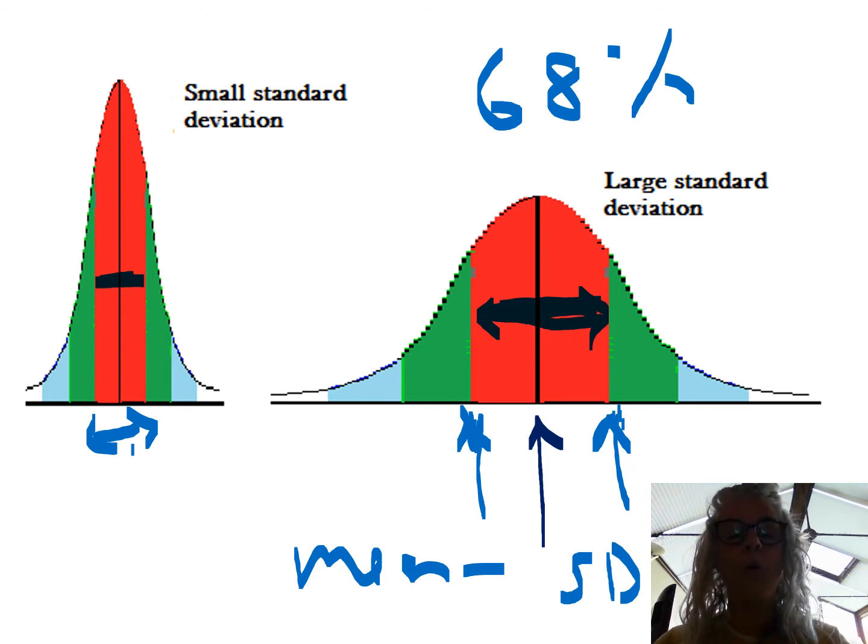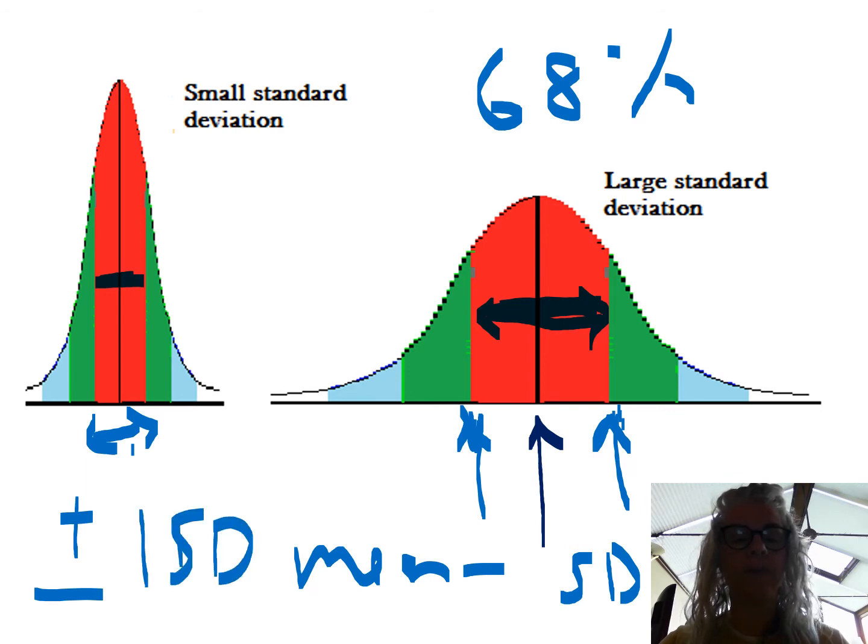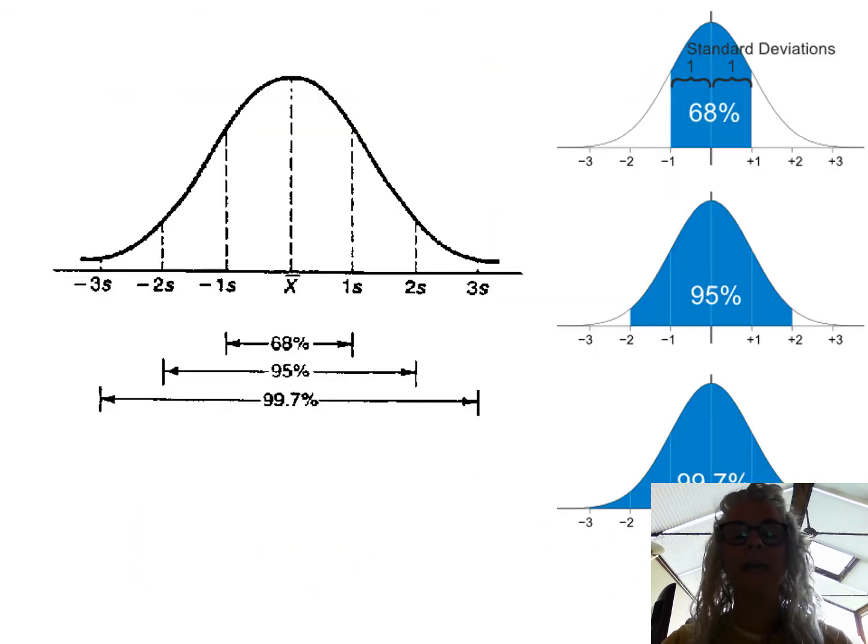Plus and minus 1 standard deviation value. So it's the mean plus the standard deviation value, the mean minus the standard deviation value, and that is plus or minus 1 standard deviation. So we write it as plus or minus 1 standard deviation. Okay, right, so you can see here you've got plus or minus 1 standard deviation here.